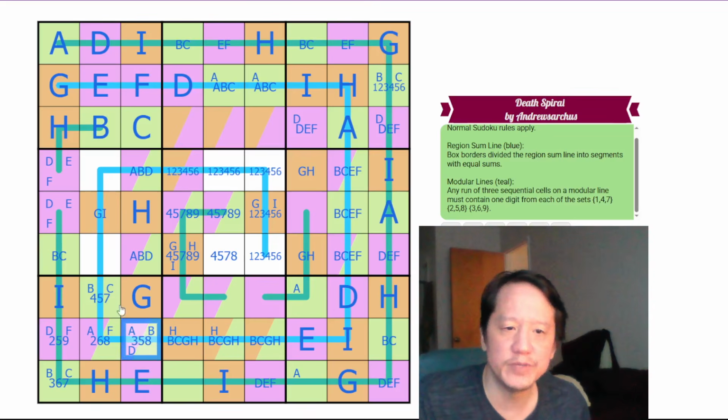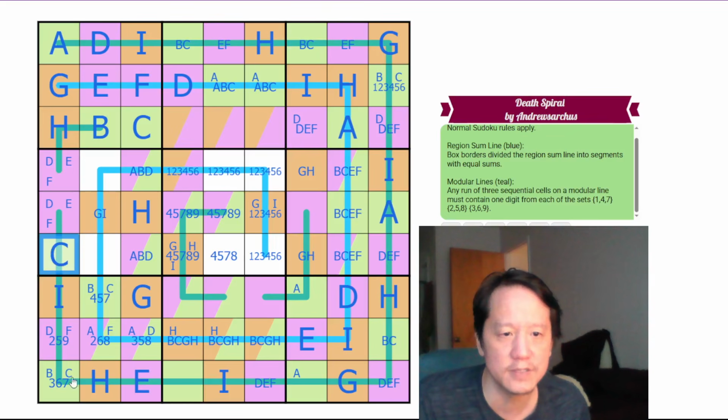No, if this is B, this would be C. There would be no place for A in this box, so this can't be B. Which means one of these is B, so this can't be B. This is C, which makes that B. This can't be B, that's C.